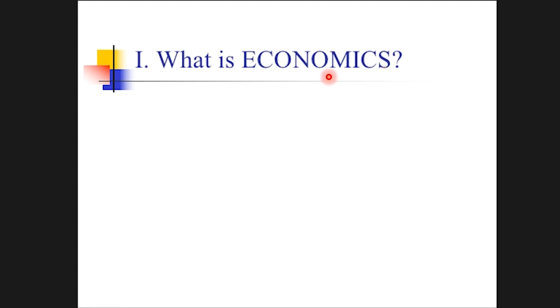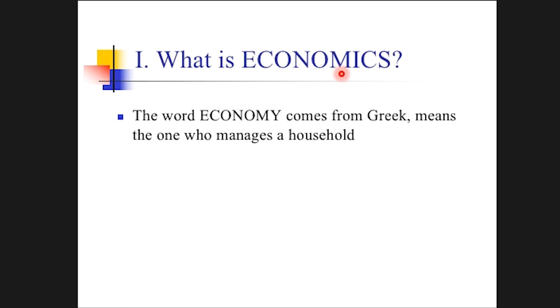What about economy? The word economy comes from Greek. It means the one who manages a household. So, if economics is a science to study economy, this science will study the behavior of the one who manages a household.